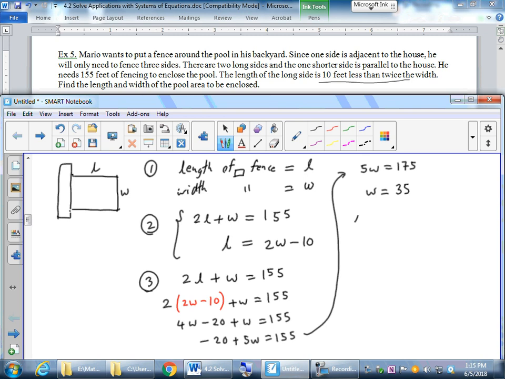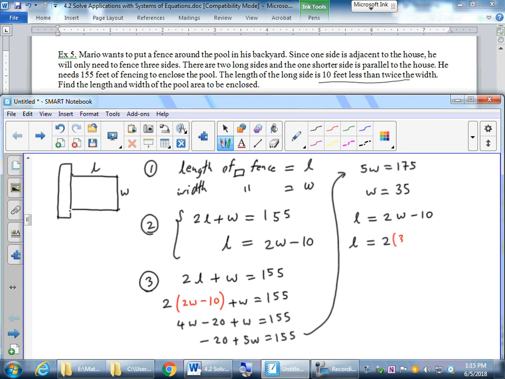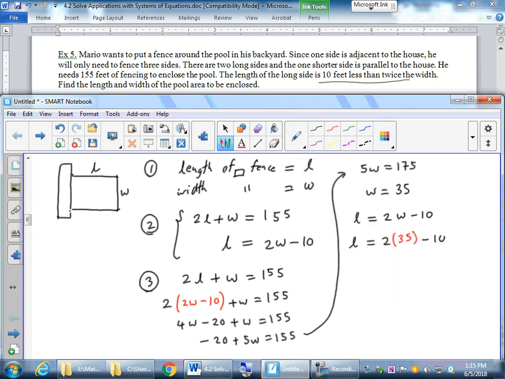So substituting W into this formula, length is equal to 2 times the width minus 10. So the length is equal to 2 times 35 minus 10, which will give me the length is equal to 70 minus 10, which is 60.